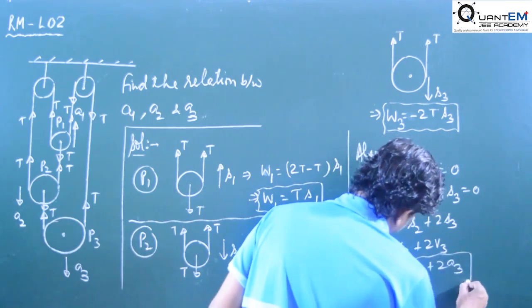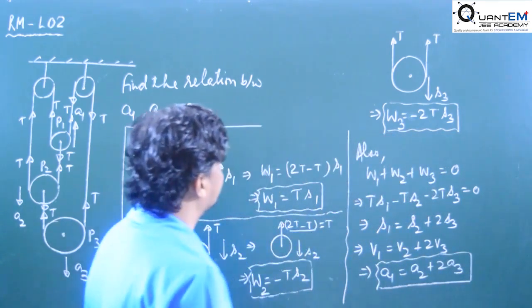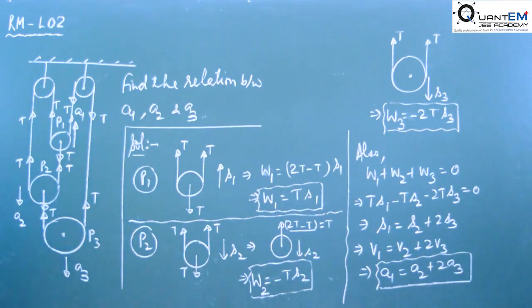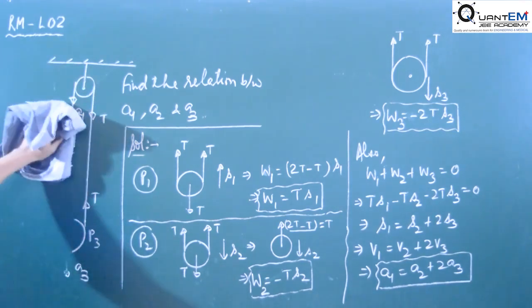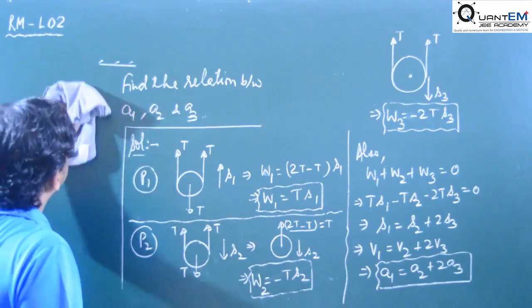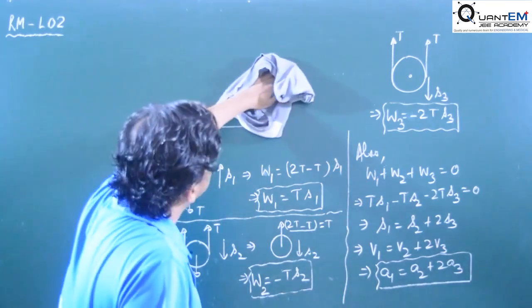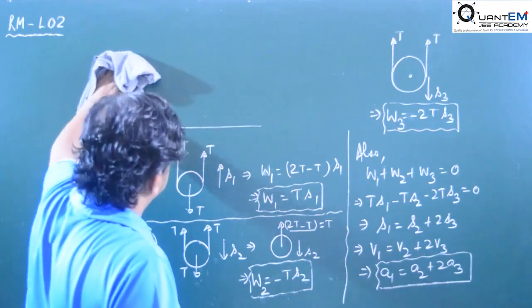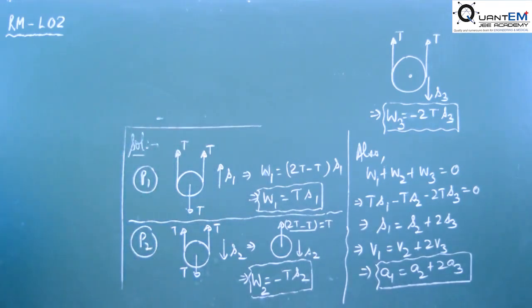Okay, so this one is the relation between A1, A2 and A3. This was pulley constraints.